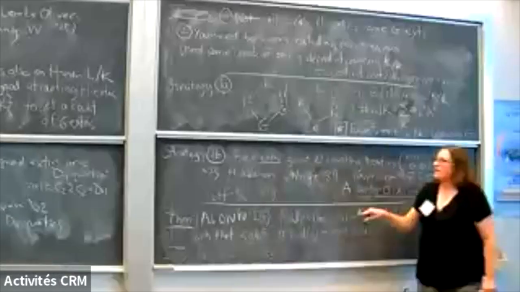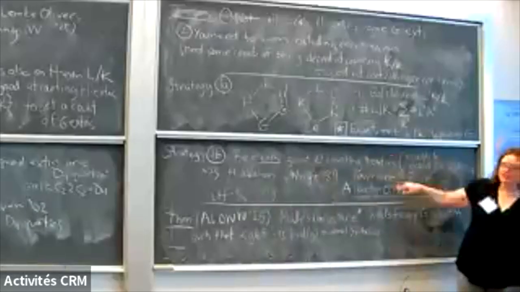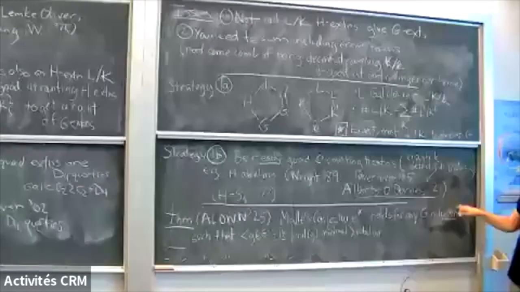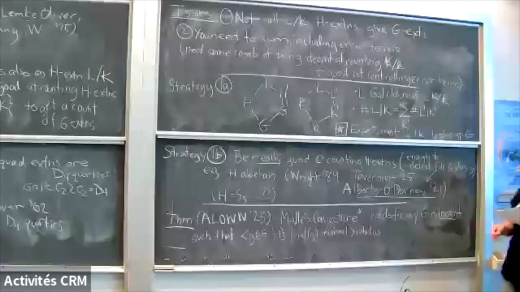We do that by using this approach and the strategy 1B here. I stated this because it happens to be a case in which we can state a really nice criterion for which groups we prove the conjecture for.